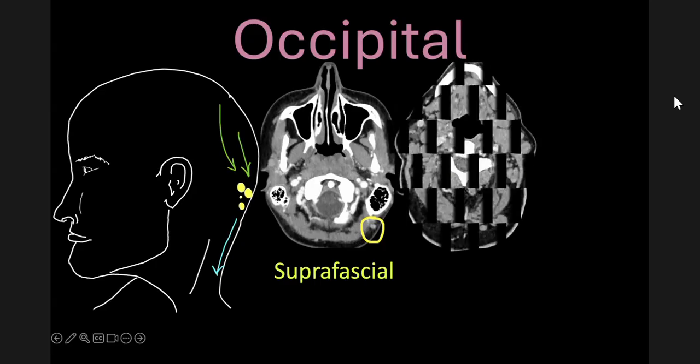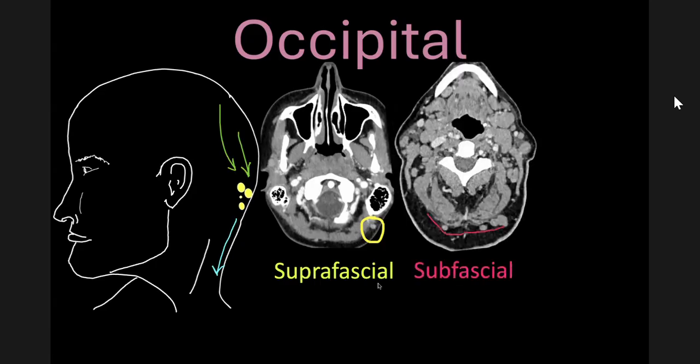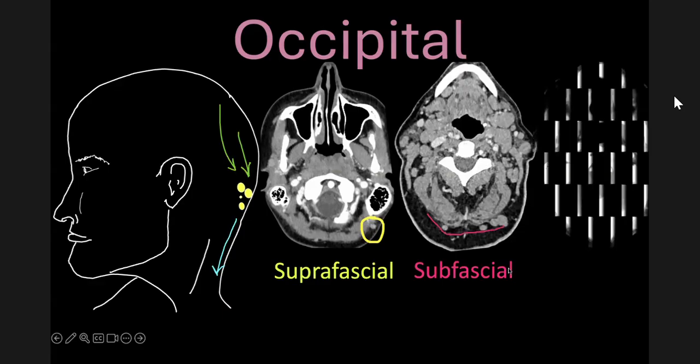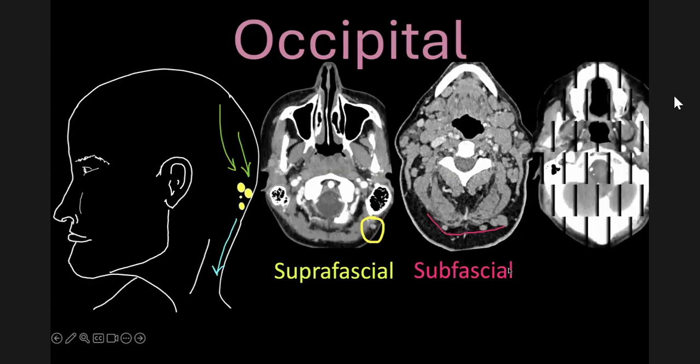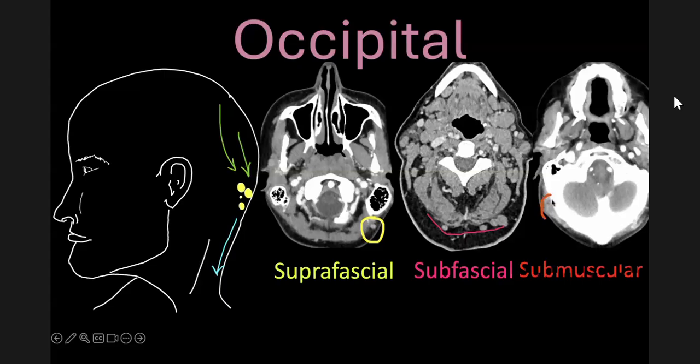They can be subfascial, so that's the fascial layer. Or they could be submuscular. So this is a lymph node that is under that muscle plane in the occipital region. So three different kinds of lymph nodes.